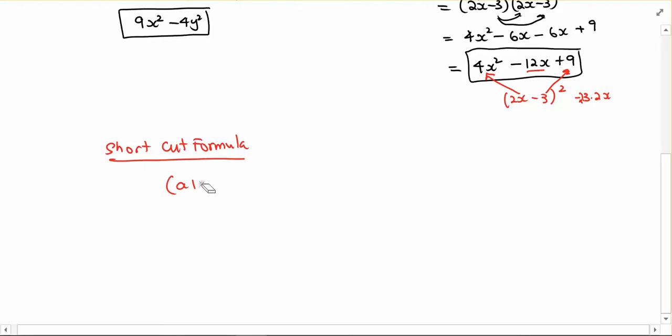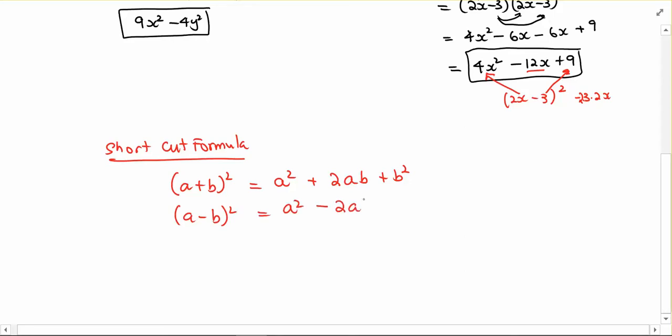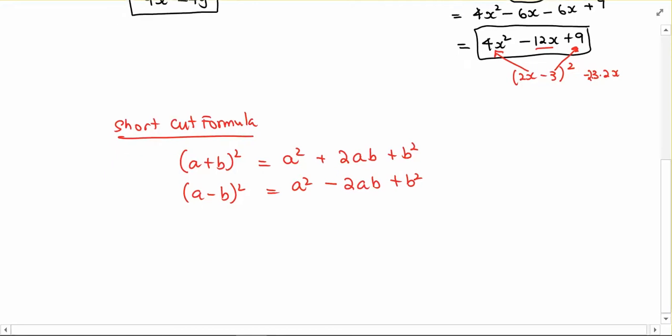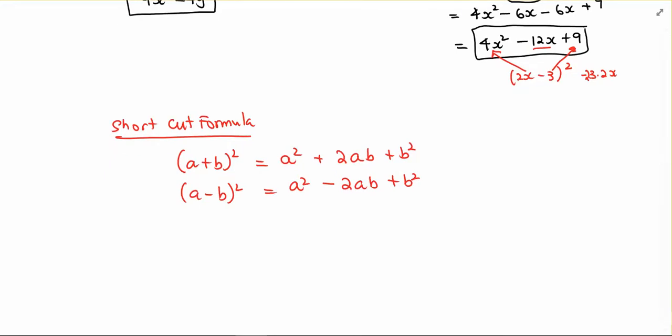A plus b squared is equal to a squared plus 2ab plus b squared. Or if you had a minus b squared, well, that's a squared minus 2ab plus b squared, like you saw in the example above. So we can do one example for this formula.